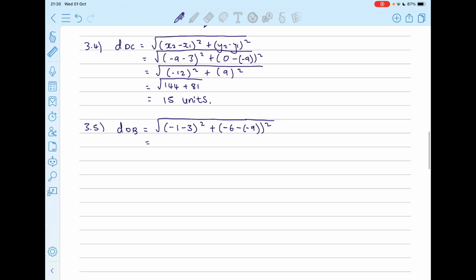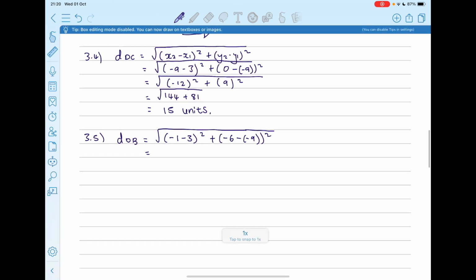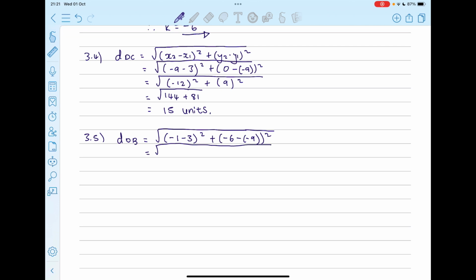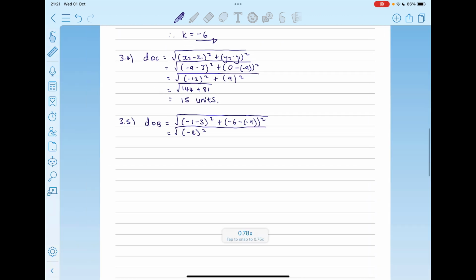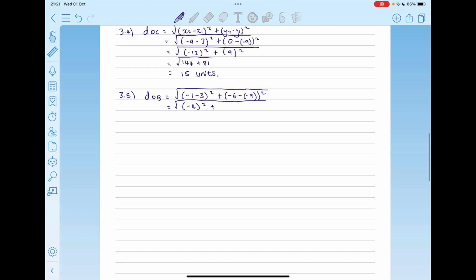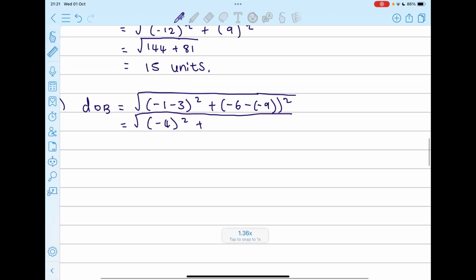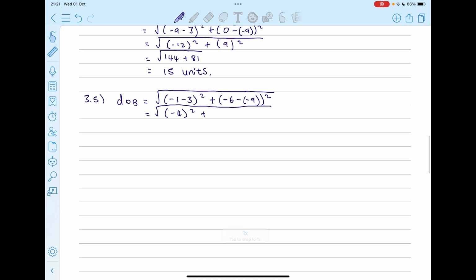Okay, now this simplifies to -1 minus 3, that's -4, squared. And here we've got -6 plus 9, which gives you -3.